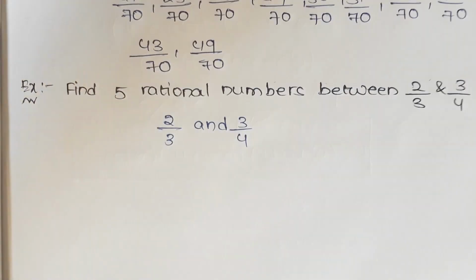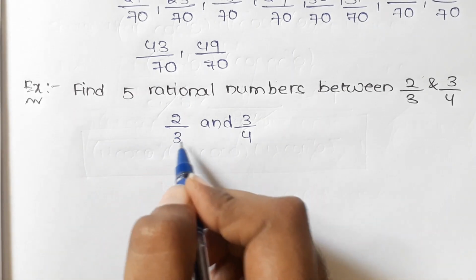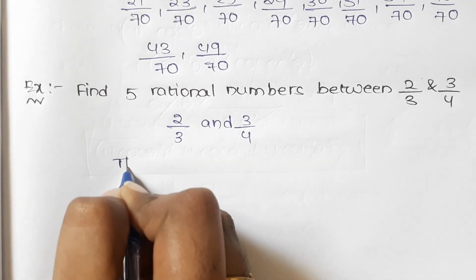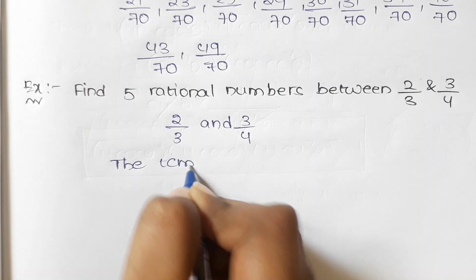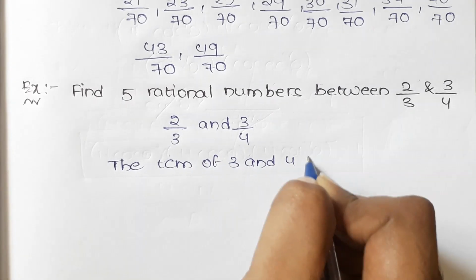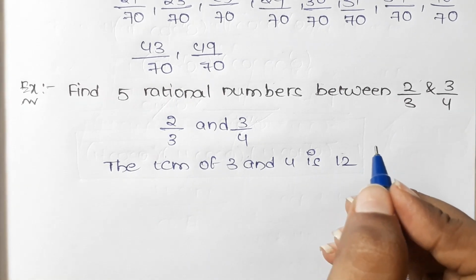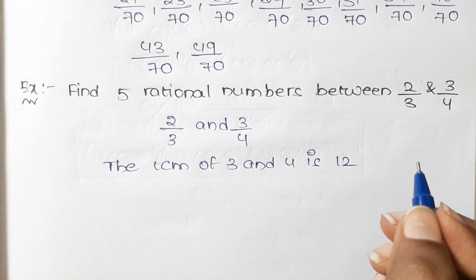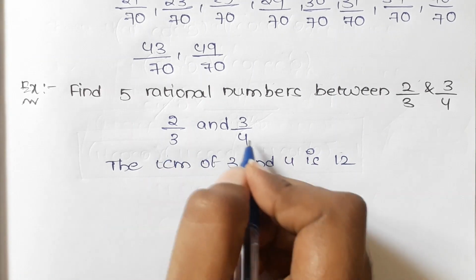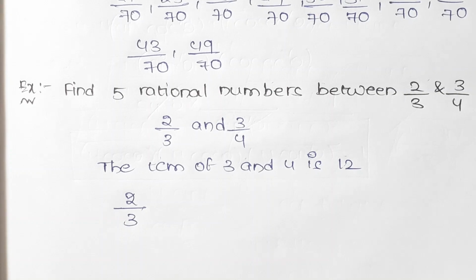To find the rational numbers between these two values, we have to take the LCM. The LCM of 3 and 4 is 12.